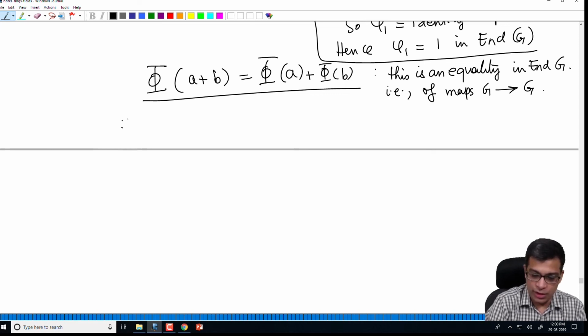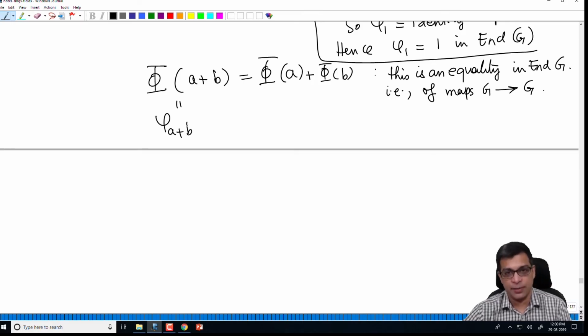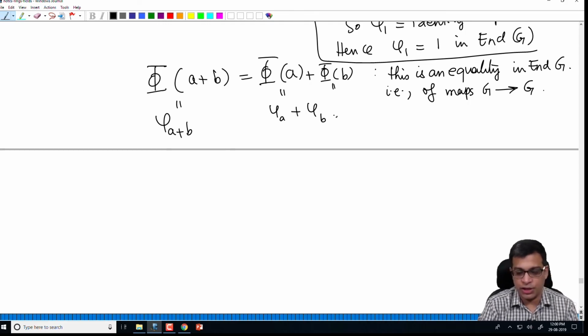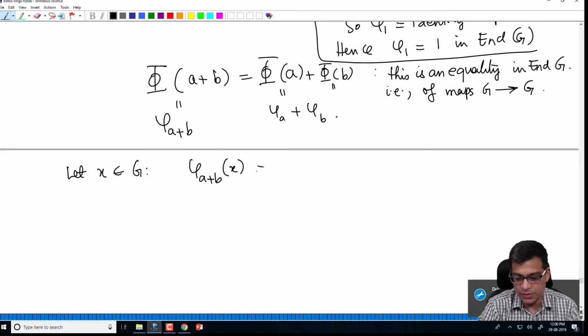Of course, before that, let me first note what phi of A plus B is. By definition it is small phi sub A plus B. So we want to check that small phi sub A plus B is equal to small phi sub A plus small phi sub B. So let us take an arbitrary element of G and compute both sides. What is phi sub A plus B of x? This is A plus B times x.